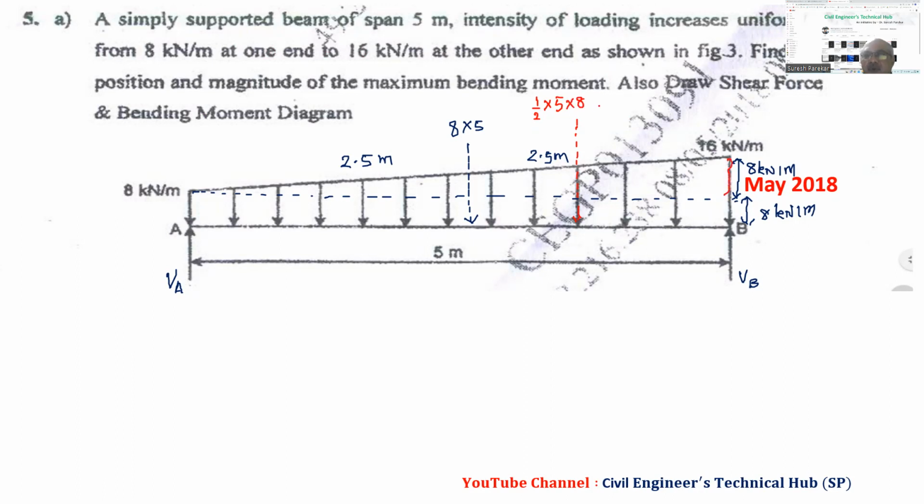So we have 20 kilonewtons. And then this distance from the right angle will be L by 3, so we have this as 5 by 3. And from the other side, we have this distance as 10 by 3 from A. And then we have to find the reaction.